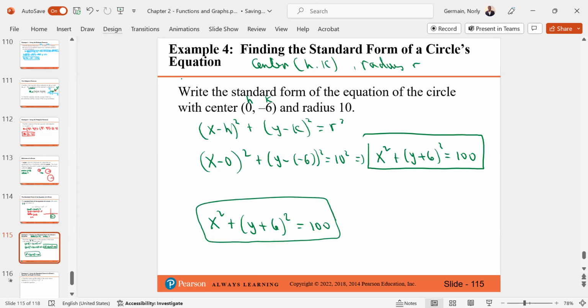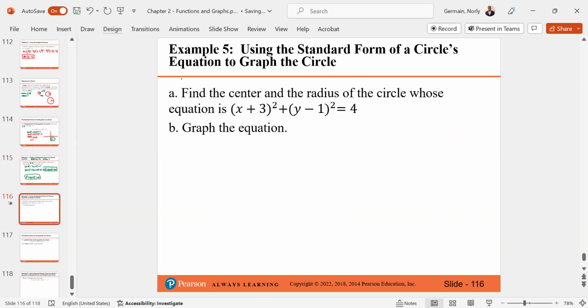And I believe we have done as much as we can on this one. You can also, if the circle equation is given, identify the center and radius. Remember this is (x minus h) squared plus (y minus k) squared equals r squared. So if I see x minus negative 3, that's why we have positive 3, right?